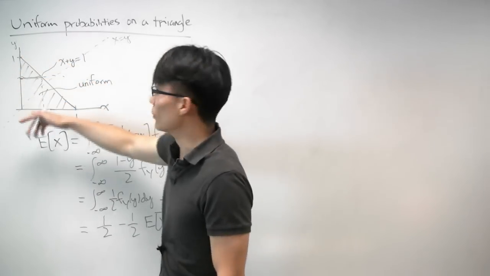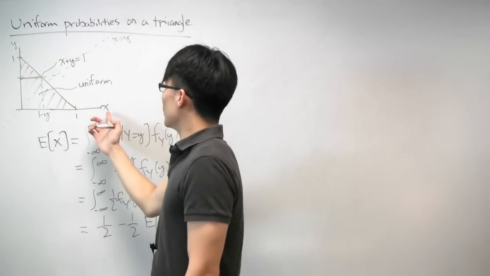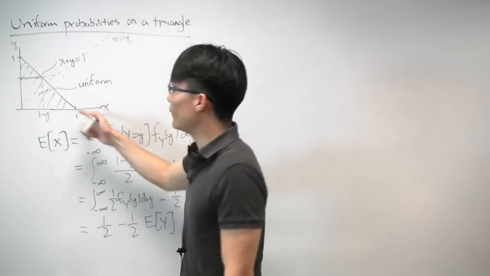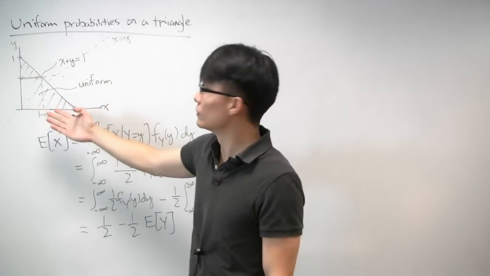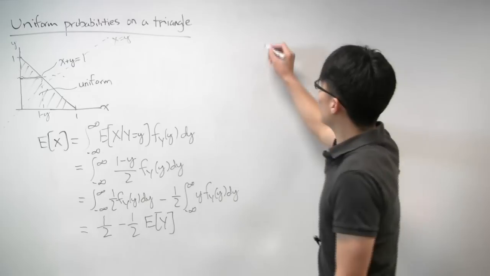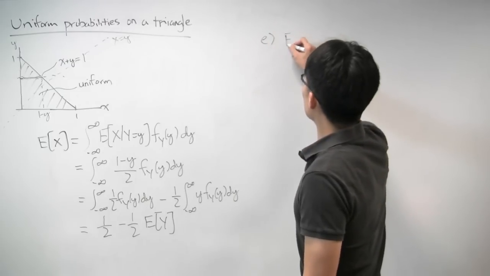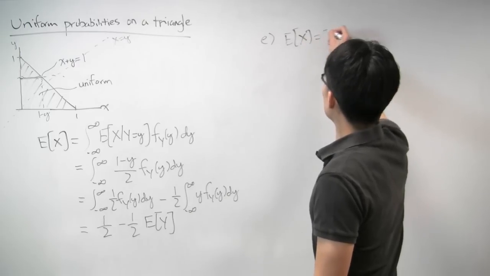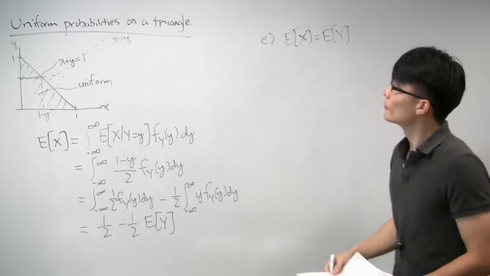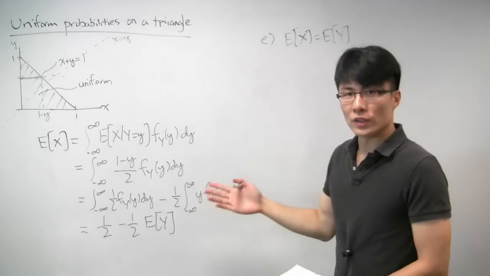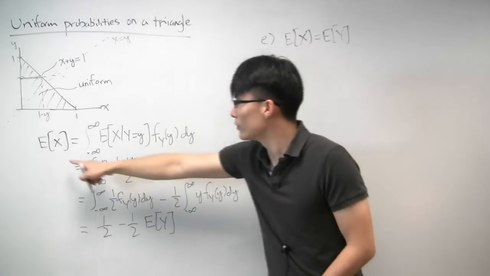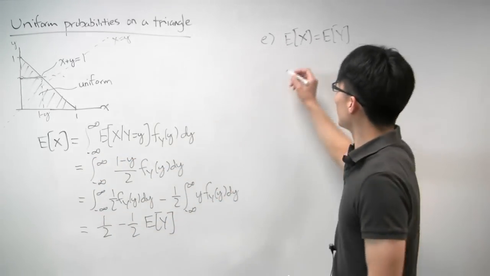There's symmetry in this problem because if you were to swap the roles of x and y, you would have exactly the same joint PDF. So what that suggests is that by symmetry, it must be that the expectation of x and the expectation of y are exactly the same. And that is using the symmetry argument. And that helps us now because we can plug that in and solve for expectation of x.